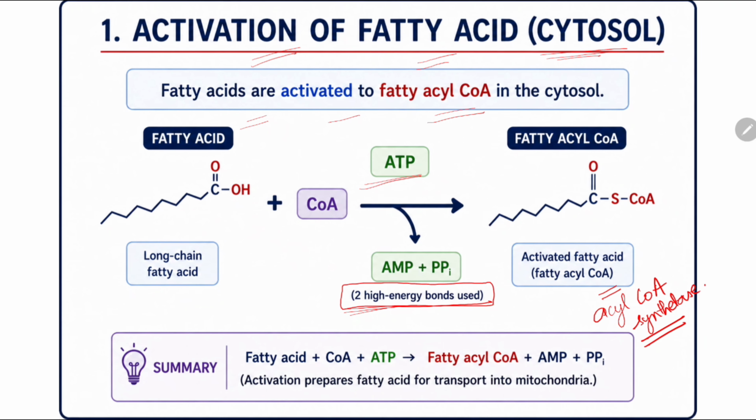So at the end of this reaction, what you see is the formation of a fatty acyl-CoA molecule, and the enzyme is acyl-CoA synthetase. So this activation mainly prepares the fatty acids for transport into the mitochondria.